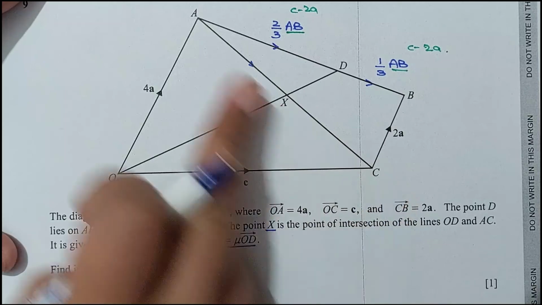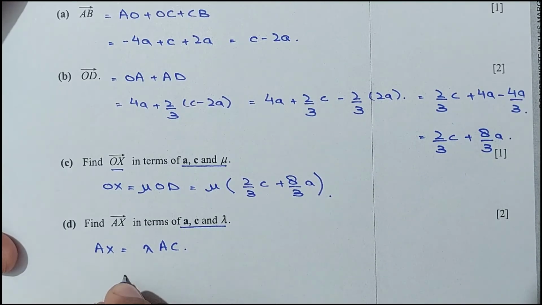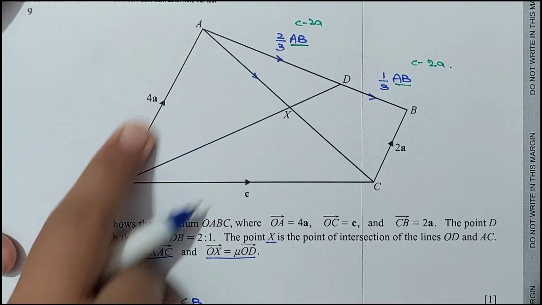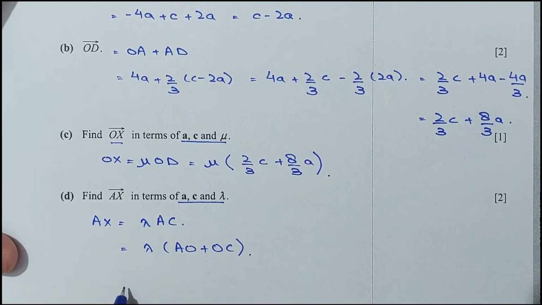A to C is A to O and O to C. When we move from A to C, A to O is minus 4a, and O to C is just c. So this is lambda times (c minus 4a).